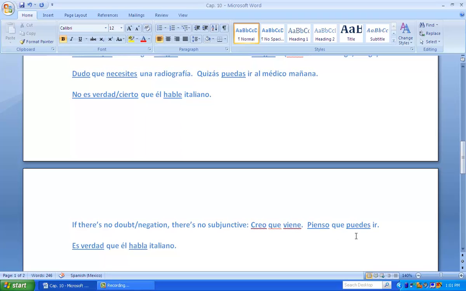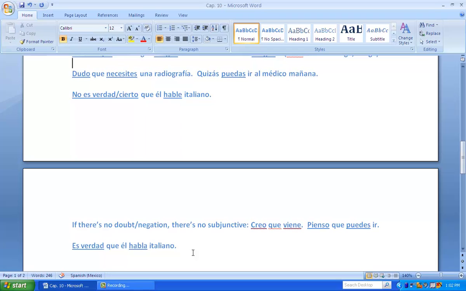I think that you can go. Pienso que puedes ir. Regular indicative. If I believe it, I think it, I'm certain, or it's true, we just use regular indicative. Es verdad que él habla. It's true that he speaks Italian. Or up here, no es verdad que él hable. Es verdad que él habla.